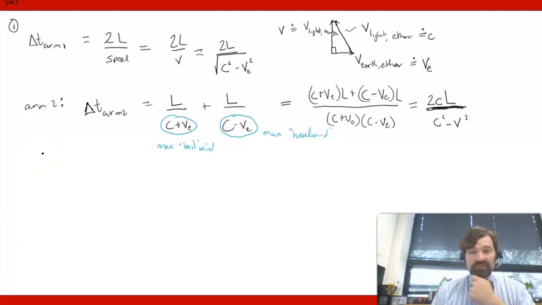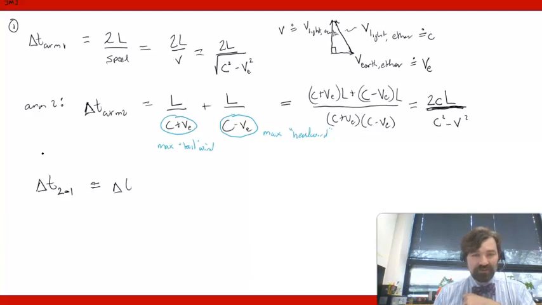So now we ask, okay, how much faster is arm 1 than arm 2, or vice versa? The way that you can do that is you can get a delta t between arm 2 and arm 1. And since arm 1 is slightly faster overall, it takes less time. So what we would do here is subtract the smaller time from the larger time.